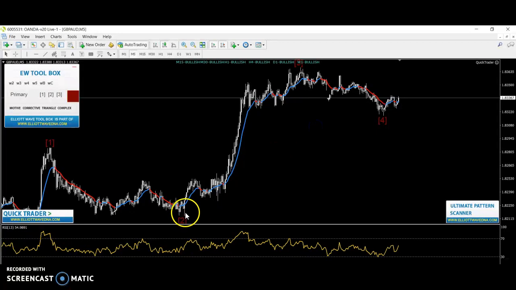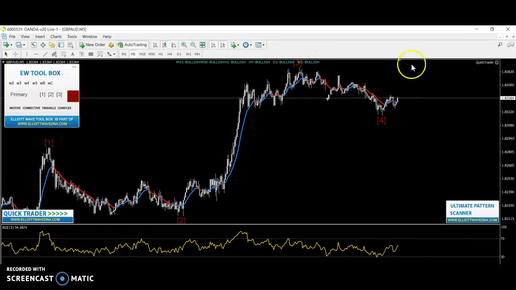Then taking a look on this, let's see, 1, 2, 3, 4, and then we should be looking for that push up. And again, inside of this, you can see a smaller motive pattern. A 1, 2, 3, 4, 5.